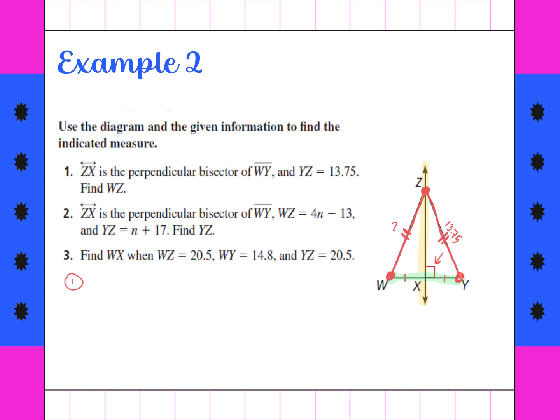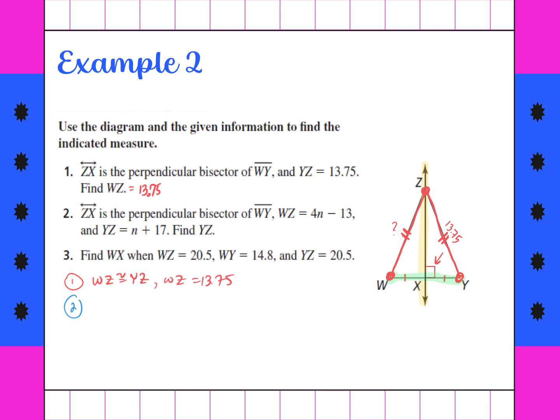If ZY is 13.75, then ZW or WZ is also 13.75 because they're congruent. So in this problem, I know again that WZ is congruent to YZ. So then WZ must equal 13.75.